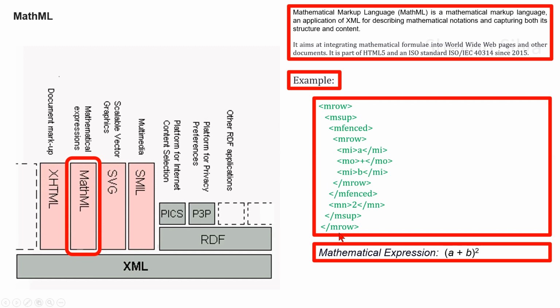As previously noted, almost all mathematical expressions decompose into sub-expressions. These sub-expressions can in turn also be contained in the mrow element. For example, a plus b is also contained in the mrow element here.